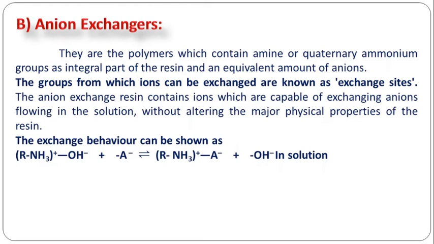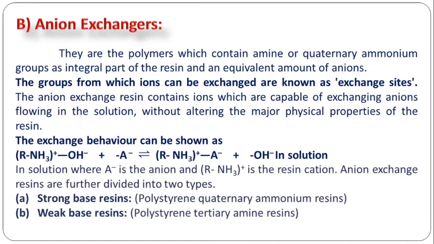The exchange behavior can be shown as follows: suppose this is an ammonium hydroxide salt, this is the resin, used for the exchange of anions. The anion present in the solution is taken by this resin and forms a salt, while the OH ion goes into the solution. So this is the reaction that takes place at the exchange site.